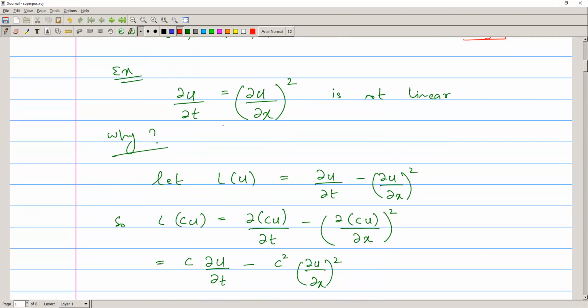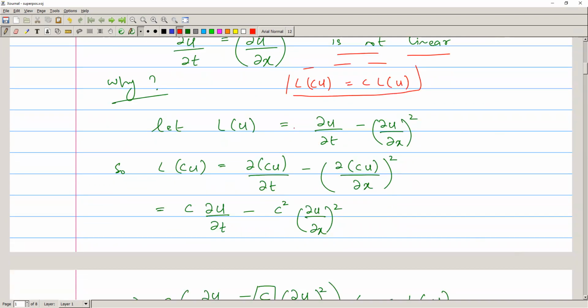The idea is the same here, and we will check some equations. Let's take an example: ∂u/∂t = (∂u/∂x)². Now we are saying that it's not a linear equation, and we want to check why. So we will apply the condition L(cu) = c Lu.